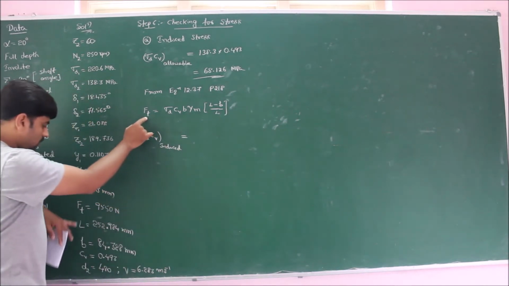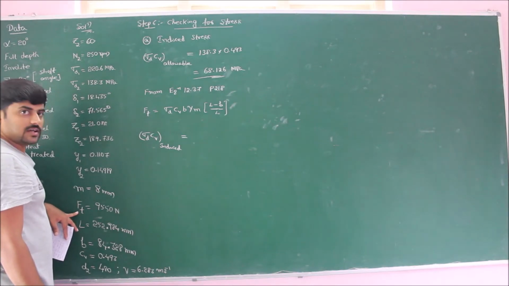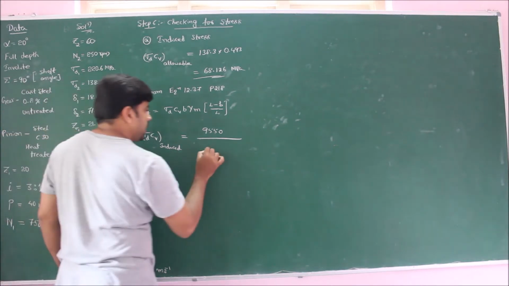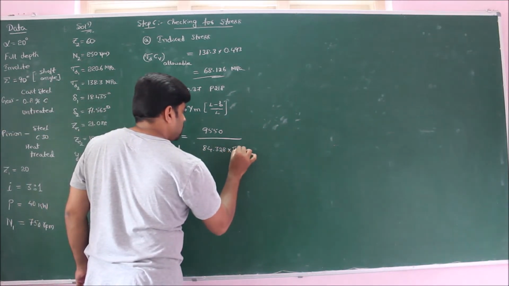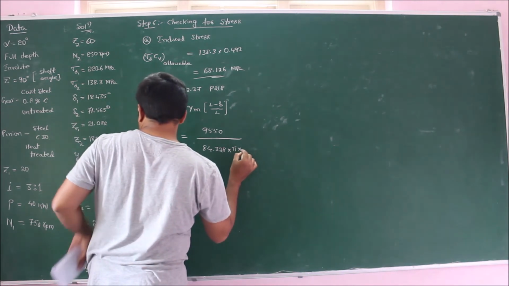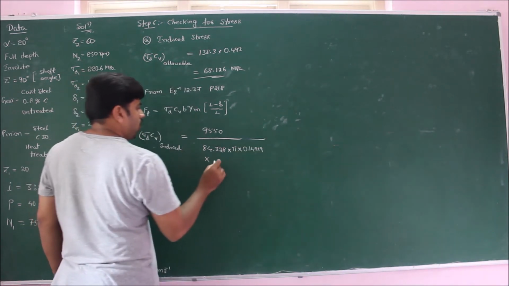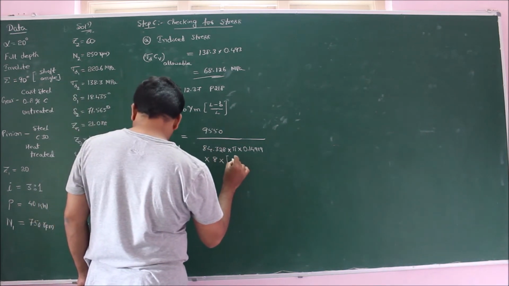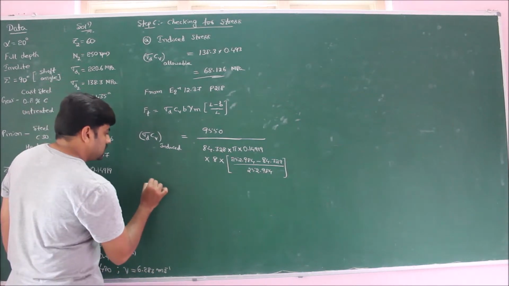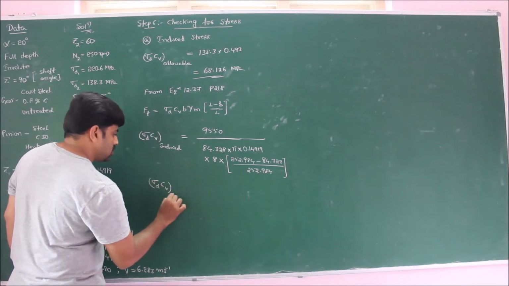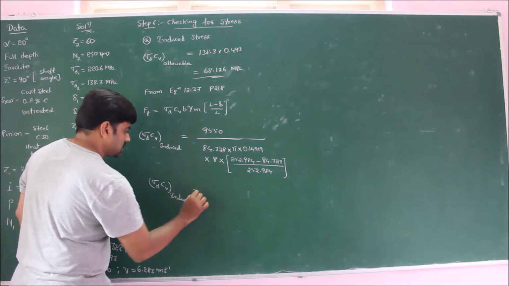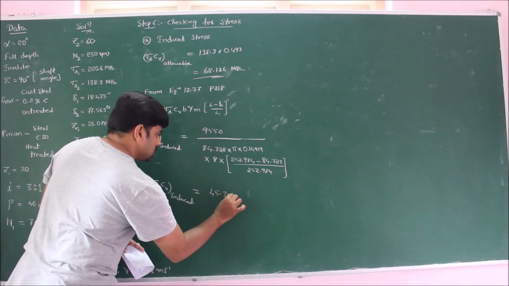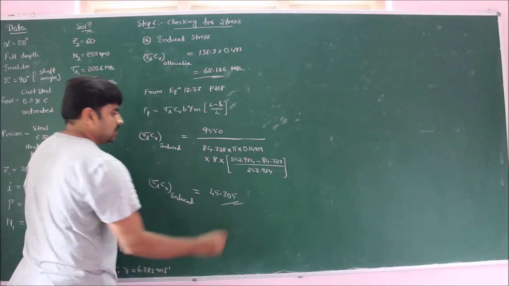The value of Ft is known to us, which is 9,550 divided by the value of face width B is 84.328, capital Y is 5 times the small y, y2, which is 0.14919, times the module is 8, times L minus B by L. Solving this equation, I will get sigma d Cv induced stress value as 45.305 megapascals.